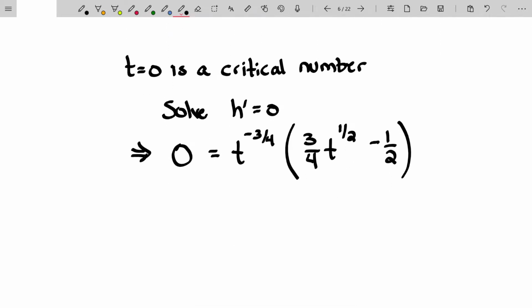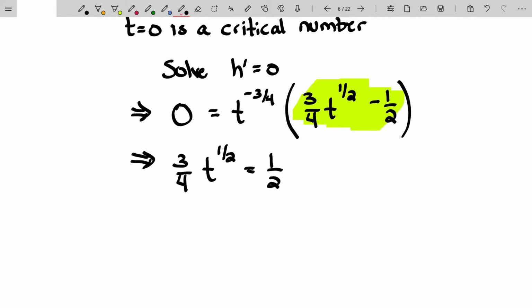You could see that this becomes 0 when our second factor here is 0. So we're going to go ahead and say this implies that 3/4 t to the 1/2 must equal 1/2. Or in other words, multiply both sides by 4, divide both sides by 3, and you get t to the 1/2 is equal to 2/3.